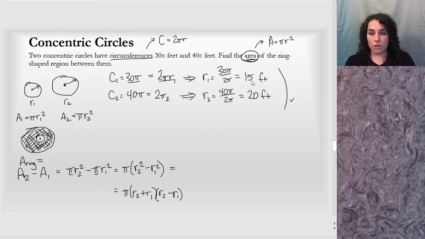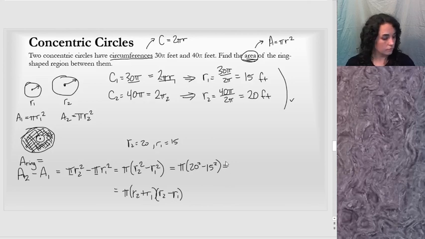Okay. So now that I have 15 and 20, I can use that down here, right? R2 equals 20 and R1 equals 15. So I can plug those values in. I'll get pi times 20 squared minus 15 squared. Plug this into the calculator. 20 squared minus 15 squared is 175 pi.